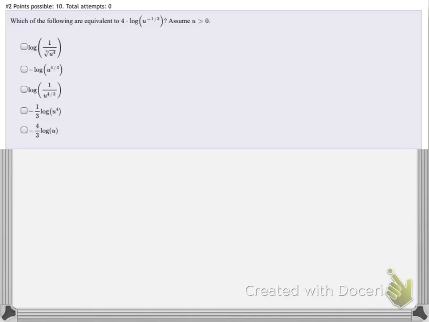Okay, 6.4. If I saw something like this, I have to figure out which of the following are equivalent to this mess, 4 log u to the negative 1/3. If I saw that, what I would be thinking maybe is that this negative 1/3 power can be pulled out to the side and timesed in front of the log, as well as, since that is a 4 that's already timesing in front of the log, it could also be pulled in and be part of the power.